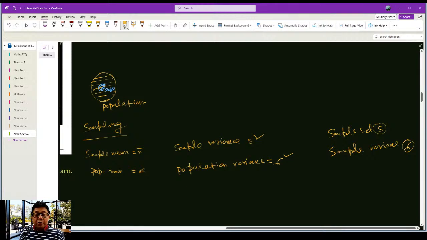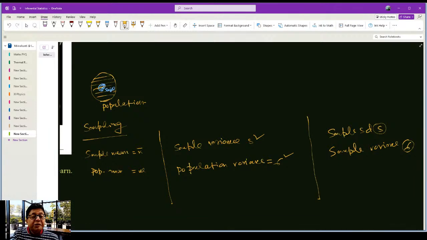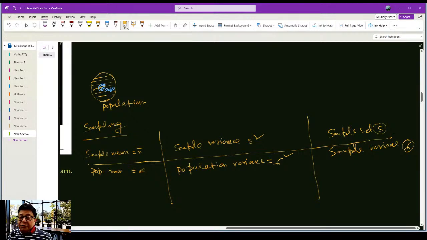Okay? So what we have done there is that in case of sample, we are using small letters like X bar, A square and S to represent mean, variance and standard deviation.